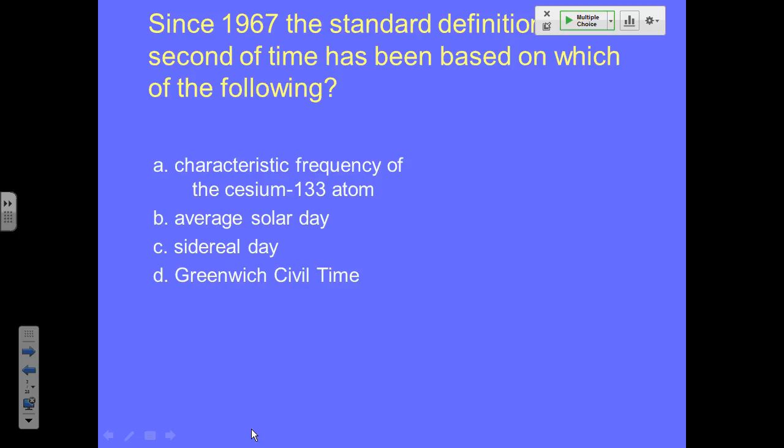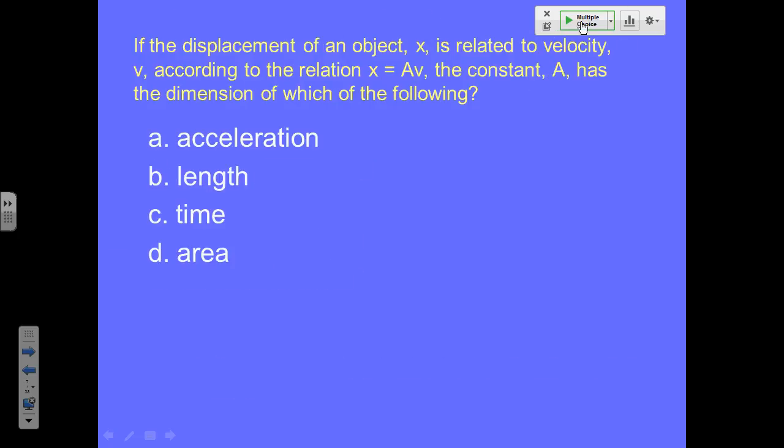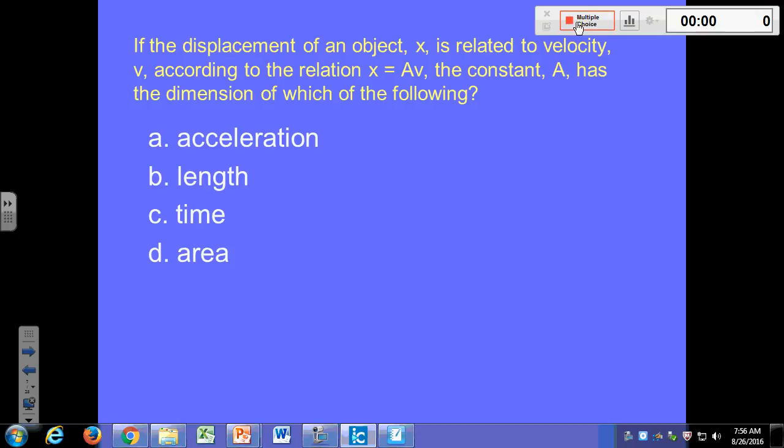We've already done this stuff. We have not done this. We're going back to dimensional analysis. If the displacement of an object x is related to velocity according to this relationship, x equals av, what are the dimensions of the constant a?